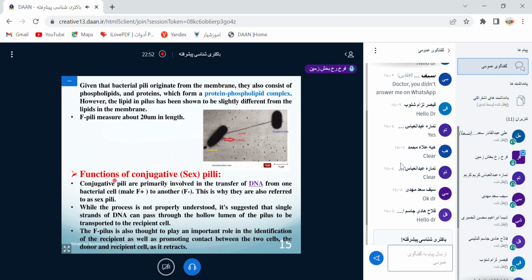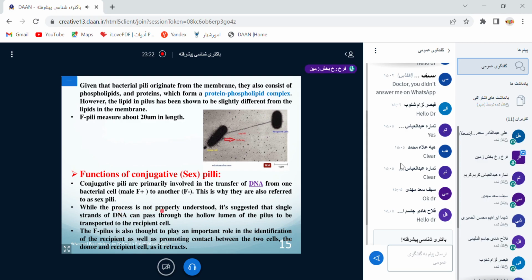Functions of conjugative sex pili. Conjugative pili are primarily involved in the transfer of DNA from one bacterial cell, male F plus, to another, F minus. This is why they are also referred to as sex pili.